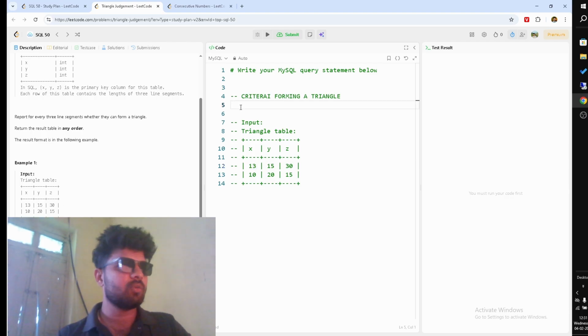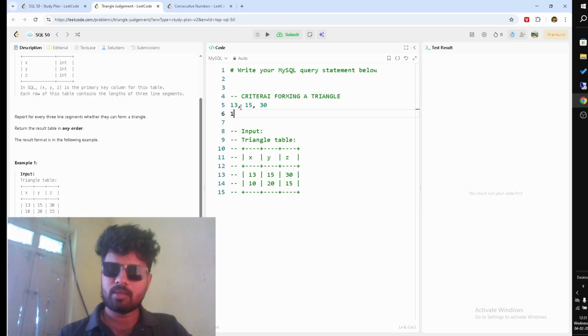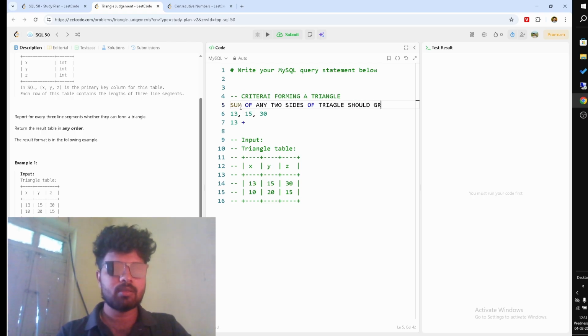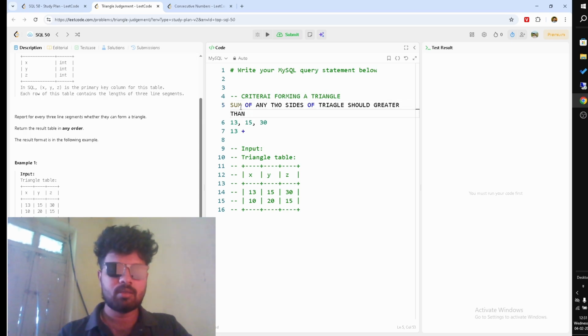Sum of any two sides of a triangle should be greater than the third side.